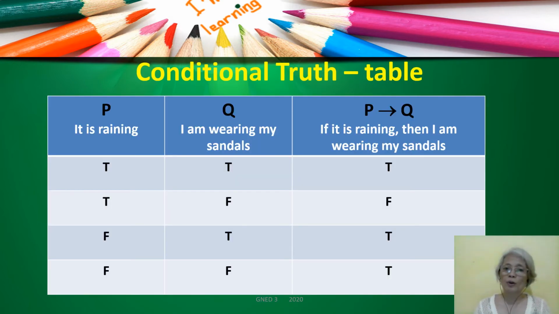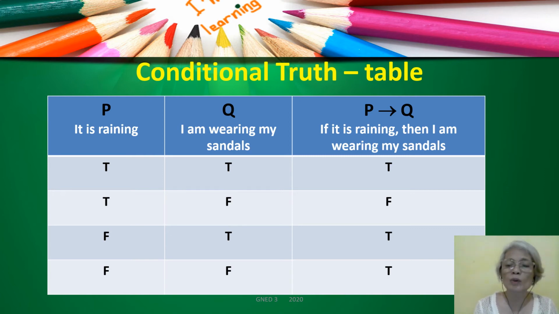For the conditional truth table, notice that the implication or the conditional will only be false if we have a true antecedent and a false consequent or conclusion. All other combinations will give a true conditional.